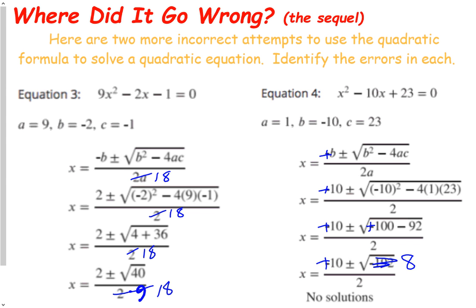In this particular case, we had a student who originally had a 2 in the denominator when it should have been an 18 when solving this equation. So 2 plus or minus root 40 over 18. It's a small change, but certainly one to watch out for.